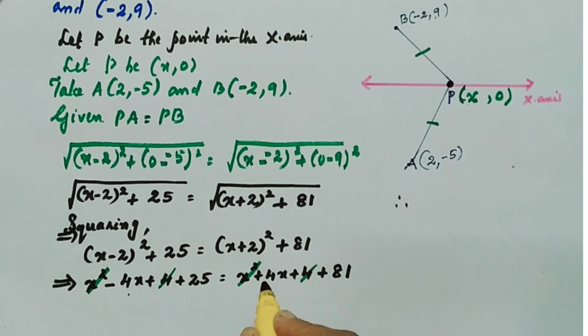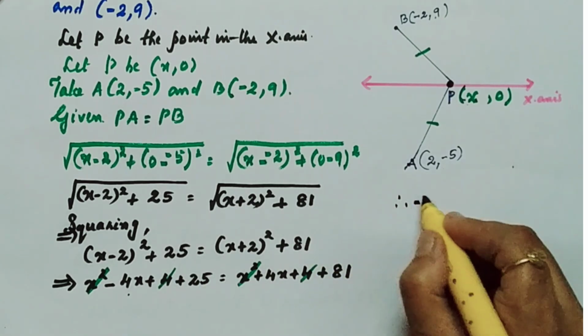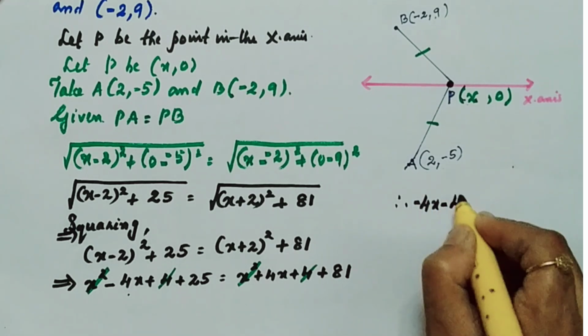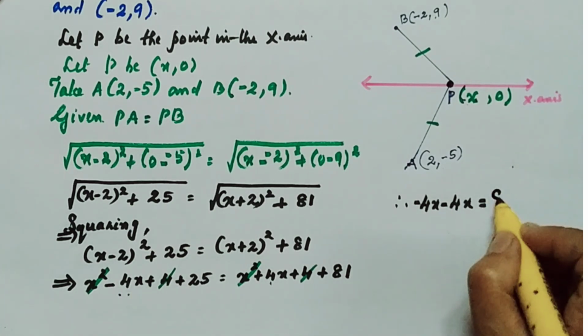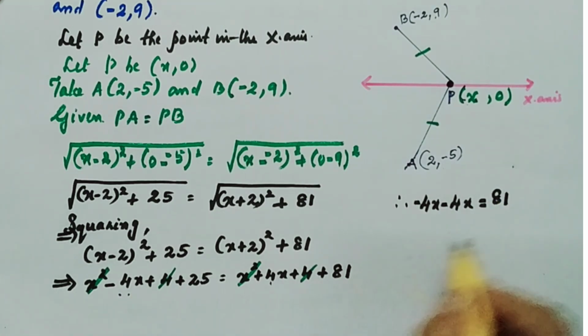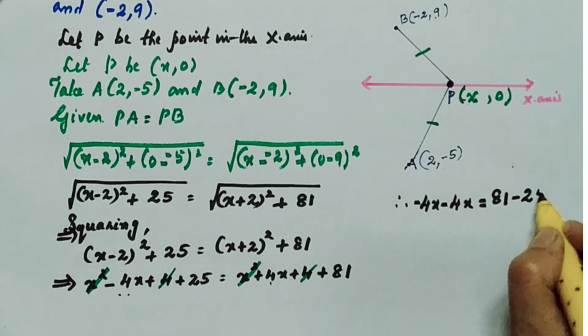minus 4x plus 25 equals 4x plus 81. The 4x comes to the left side and becomes minus 4x, and the 25 goes to the right side and becomes minus 25.